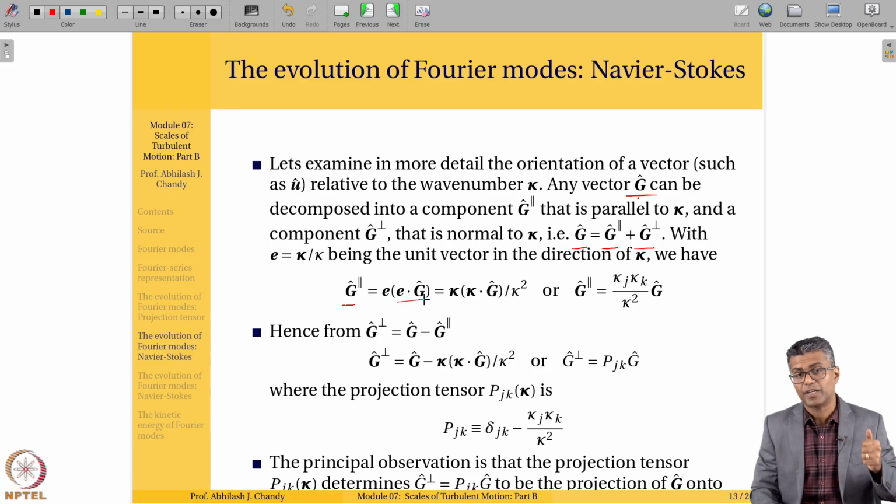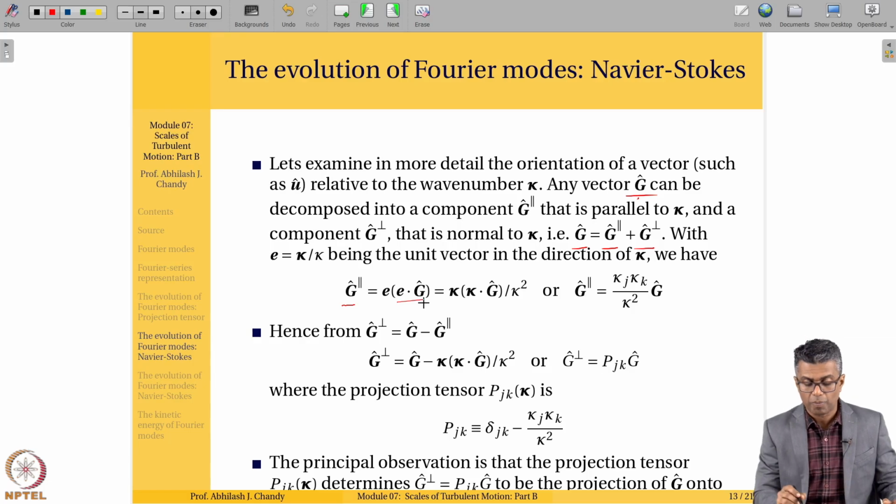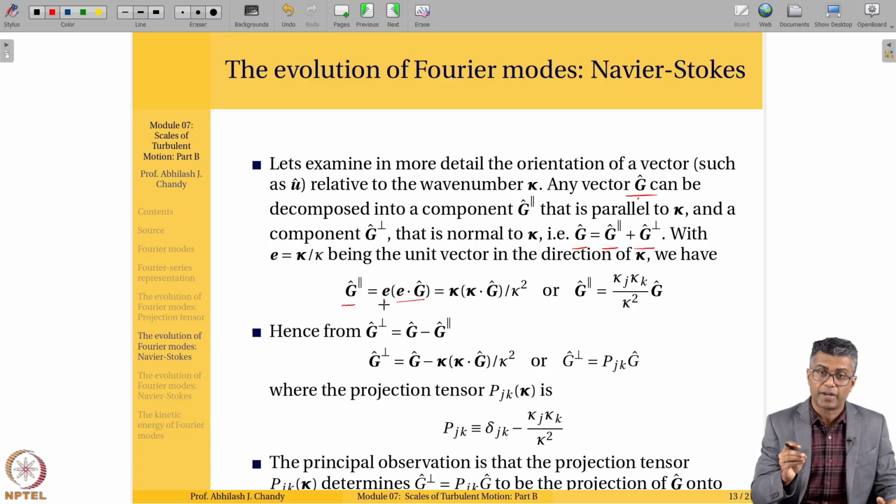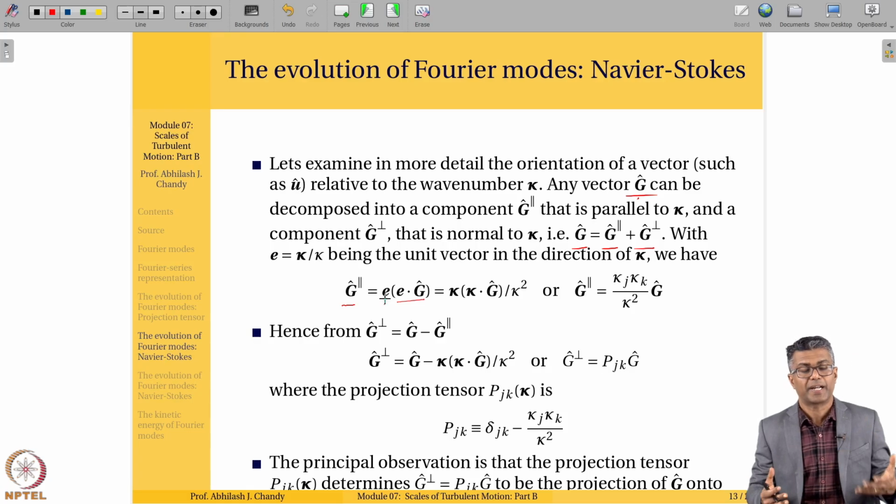If you dot product E with g hat, what you get is the magnitude of the vector in the direction of kappa. Then you multiply by E again, being a vector, you will get g parallel. E dot g hat represents the magnitude of the vector in the direction of kappa, as in parallel to the direction of kappa. You multiply by E again and you get the vector itself.